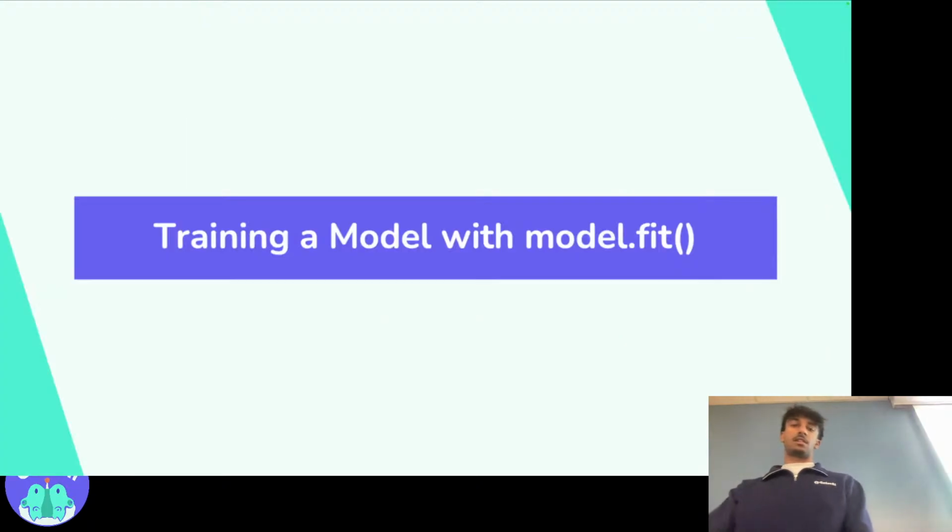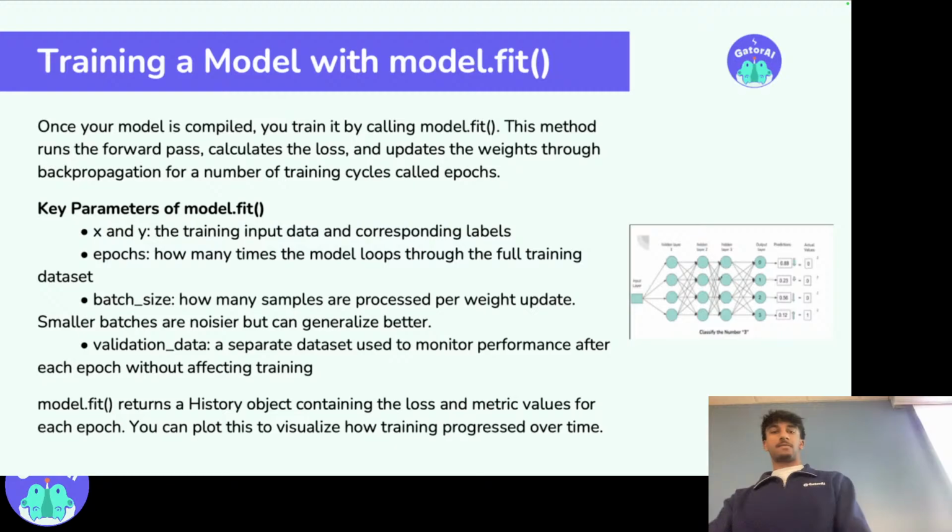Okay, so now we have training a model with fit. Model fit is the function that runs the training. You pass it four core things: your input data, your X, your labels, your Y, the number of epochs, and optionally a validation split. An epoch, if you don't know, is one complete pass through all your training data.